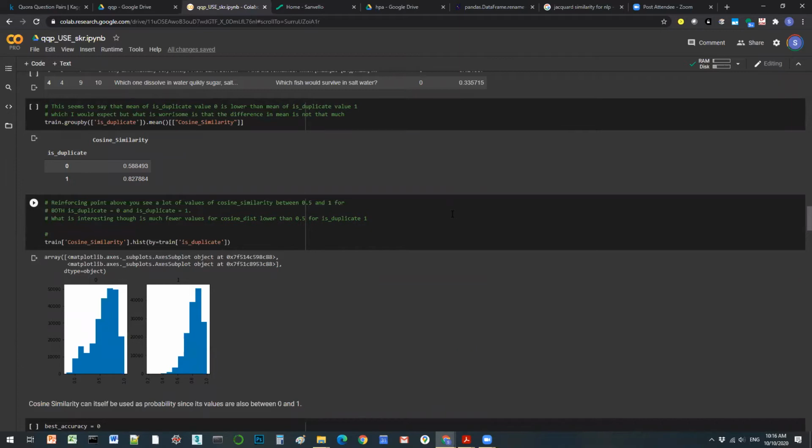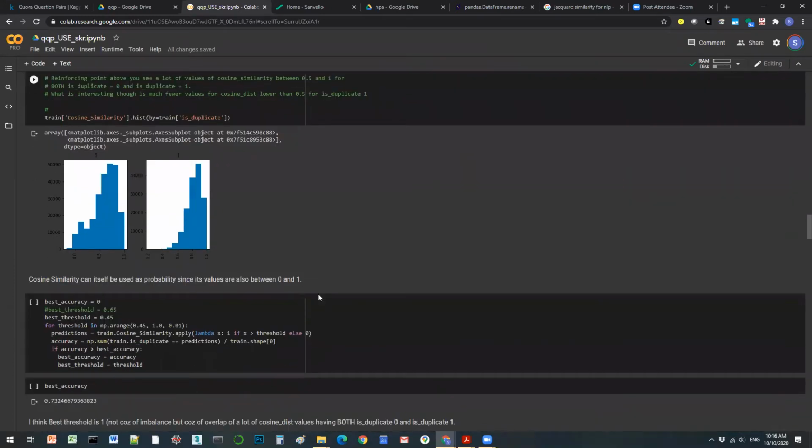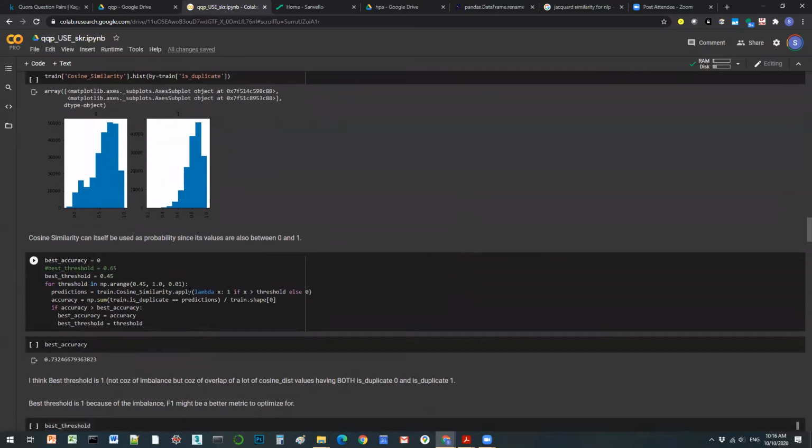Any thoughts? I still didn't get how you got the threshold as 0.7. Oh, I just reran this code, Gautam, after I fixed the two nans on the training set. That's all I did. Okay, that shouldn't make a difference, right?